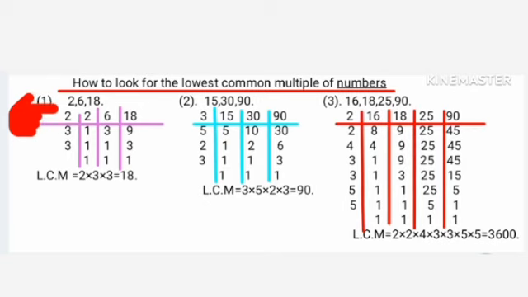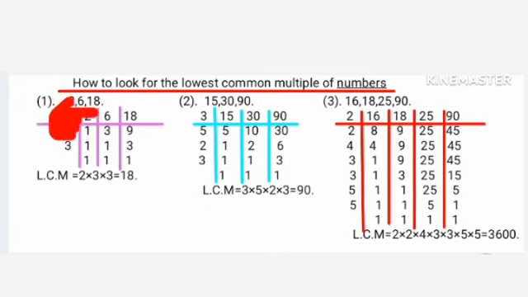So the first set of numbers we have here is 2, 6, and 18. One thing I would like to discuss here is whenever you have any set of numbers, whether the one you are given or the one in the table, where all the smaller numbers are factors of the bigger one. In this case, you can see that 2 and 6 are factors of 18.